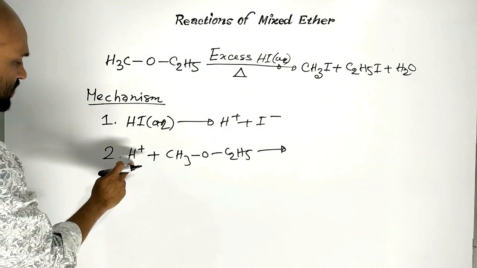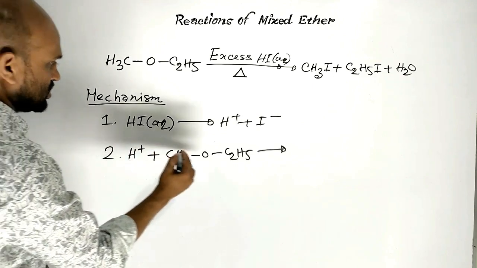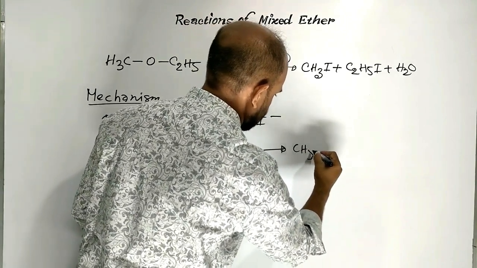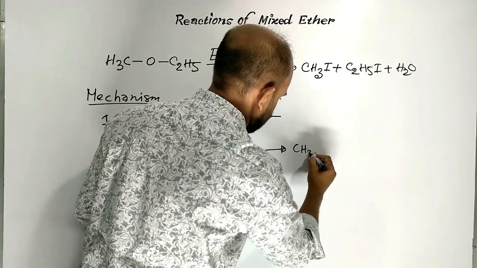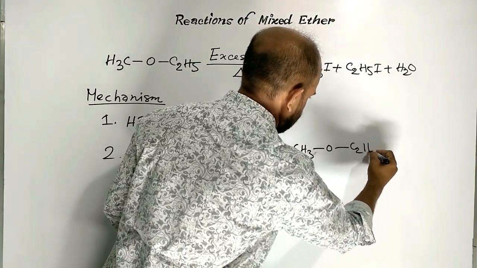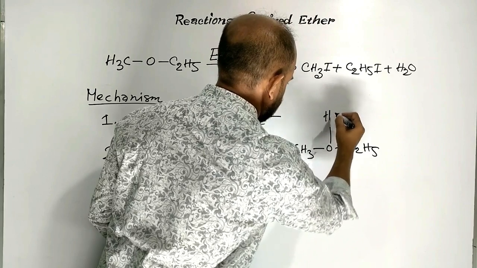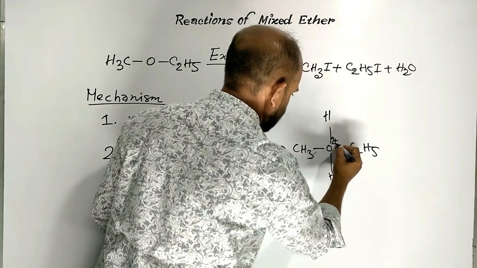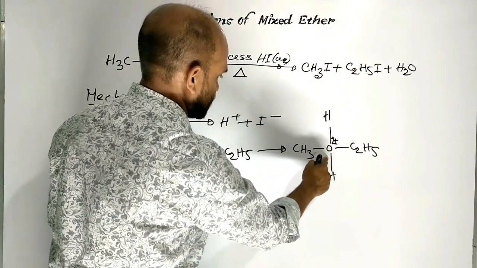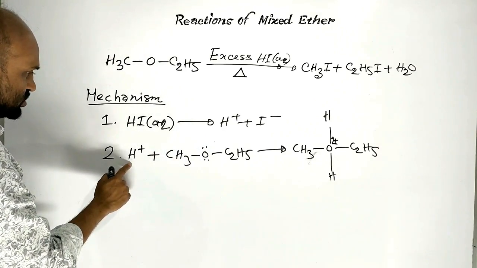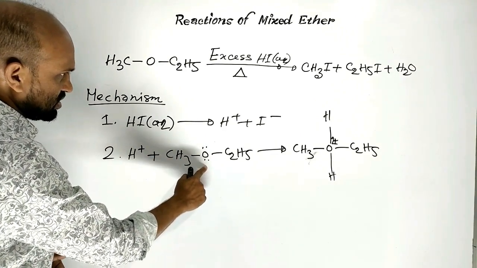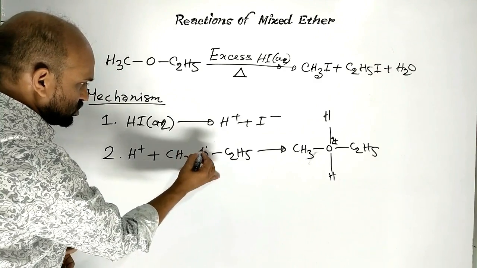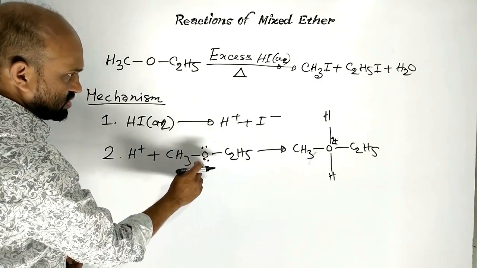Excess protons. Due to excess protons, protonation occurs in this way. Ether. Double positive charge over oxygen. Excess protons combine with ether to form protonated ether with the two lone pairs of electrons of oxygen.